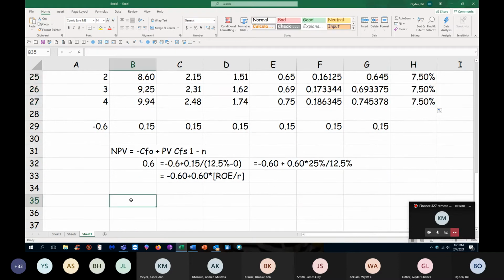How did we value the company? We started out with a $1.40 dividend, which is just a cash flow. And we divided it by R minus G. So we divided it by, just repeating this a little bit.